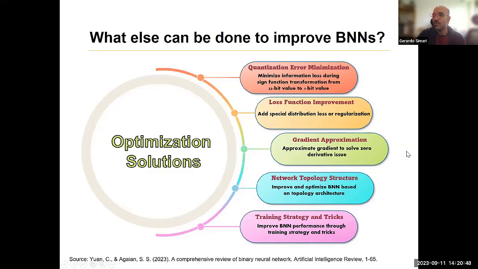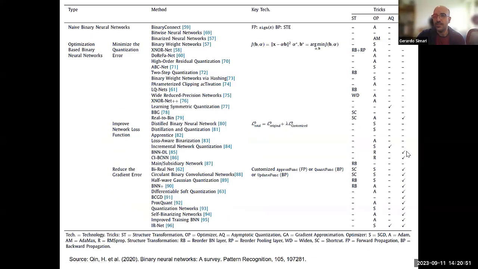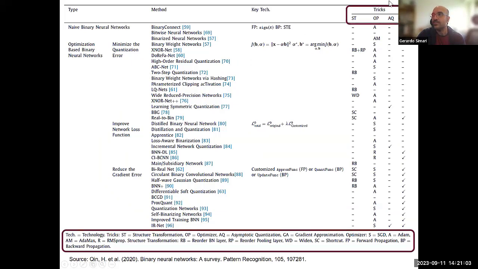We won't go into a lot of detail, but this is a pretty thorough survey up to 2020 at least, where we can see a lot of these things. First of all, these tricks here, where structure transformation is the first column. Op is the optimizer that you can use during training. These are pretty well-known optimizers. We'll go through them in just a bit.